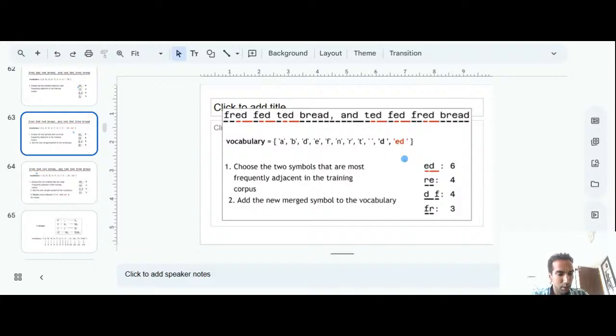Once we have selected it, then we will unsqueeze it. What is unsqueeze? Let's see. This is int. Okay.